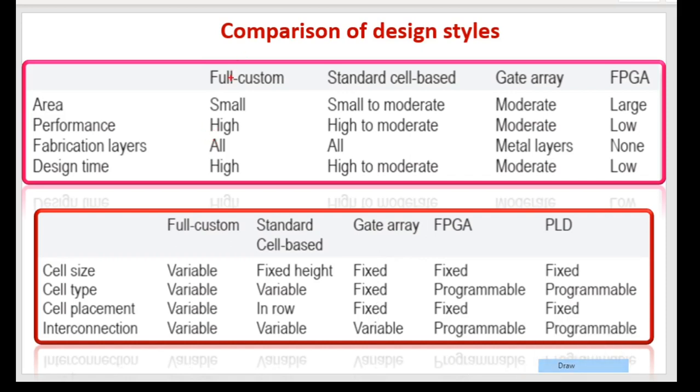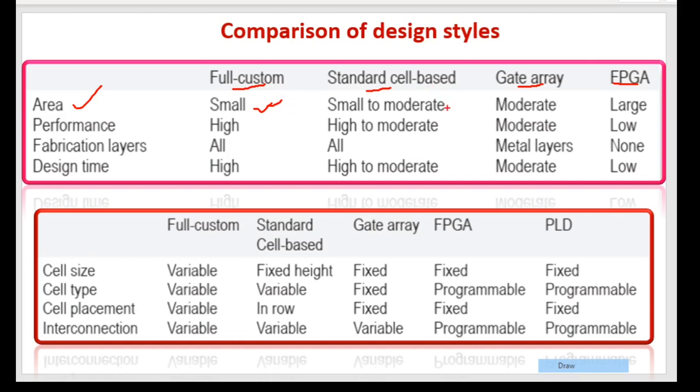So let's say we have seen full custom, standard cell based, gate array and FPGA, right? In terms of area, full custom will give you the smallest area because it is full custom. You have the independence, the choice of designing each and every component from scratch, so you can very well optimize any of the components required.